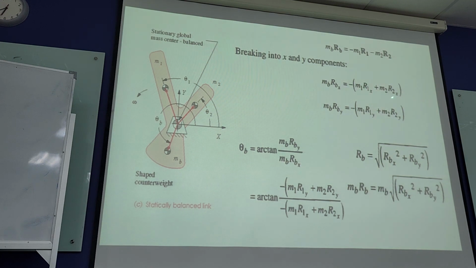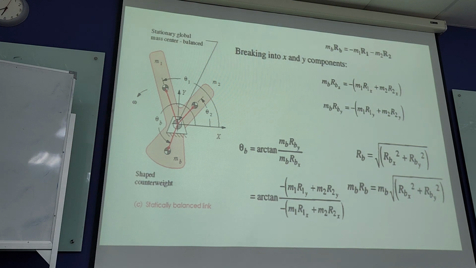Because R1 and the orientations θ1, θ2 are given, R1x is simply R1 cosine θ1 and R1y is simply R1 sine θ1. So you'll be able to calculate these two. From here, you can calculate MBRB from this formula. Then the angle for the balancing mass, θB, you can calculate from this formula.